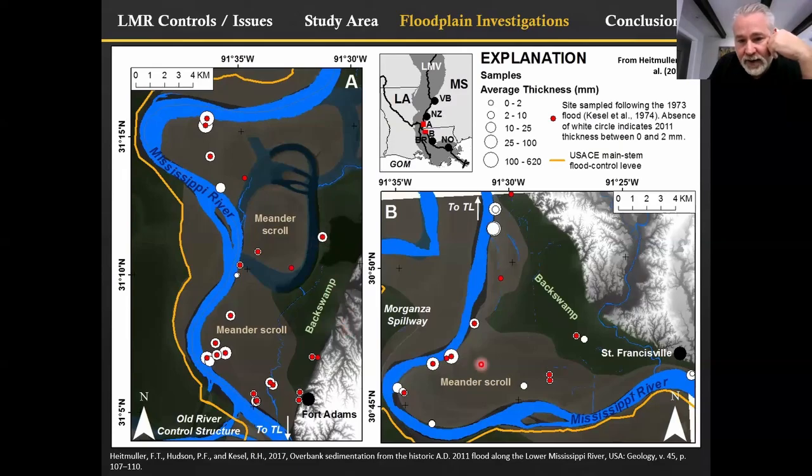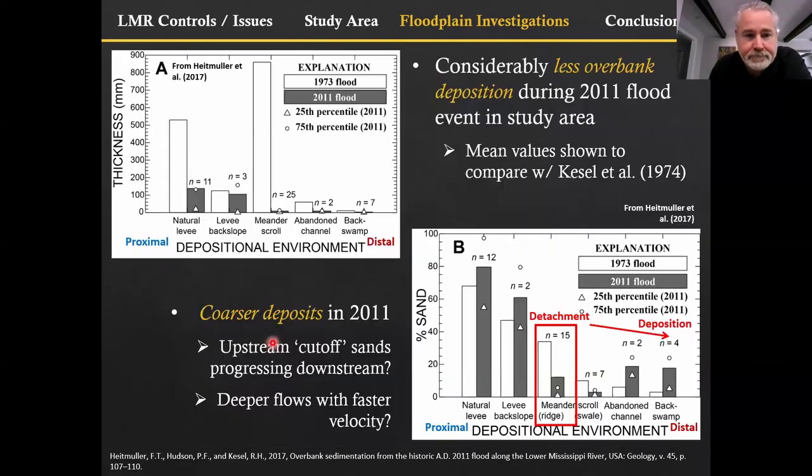So you can also see that we went further downstream from the apex in this area and sampled similar types of conditions. The red dots show where we believe we sampled close to the exact same location as Dr. Kessel did following the 1973 flood.